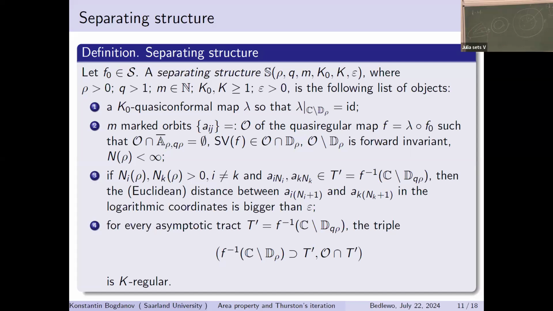So let me tell you what follows from the existence of this separating structure.